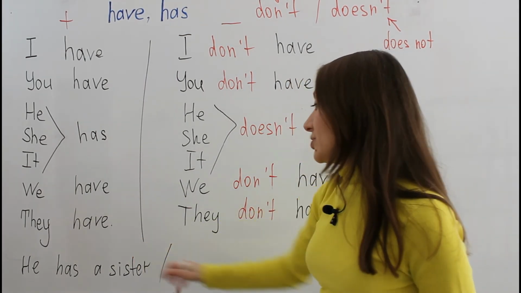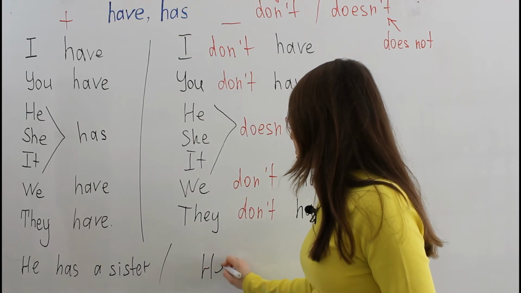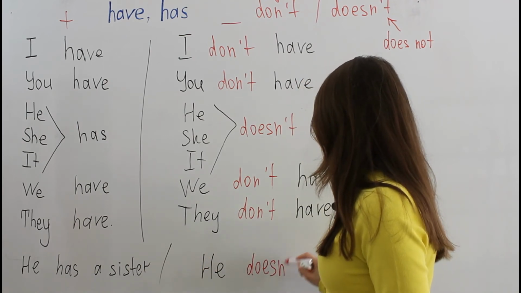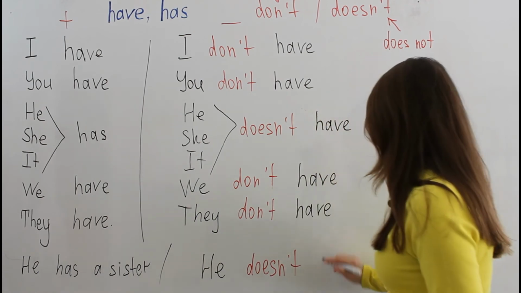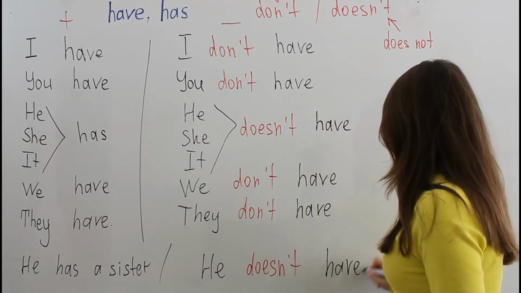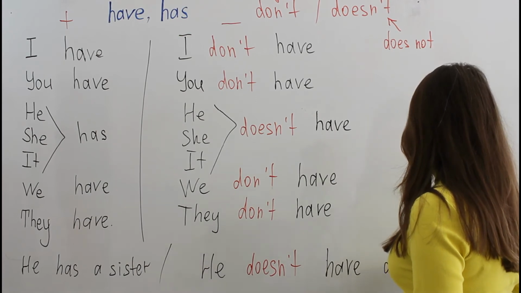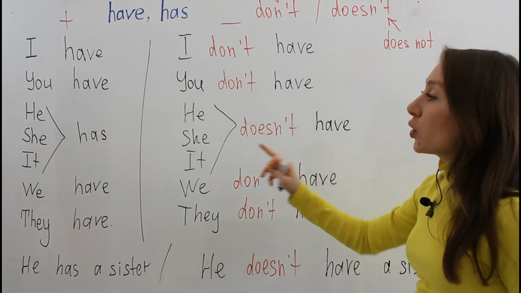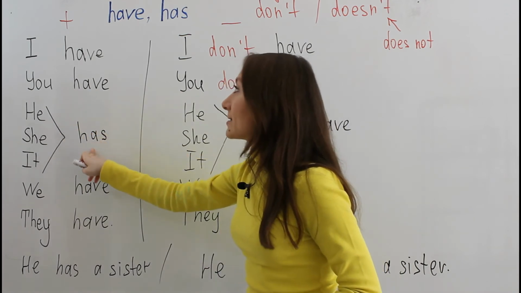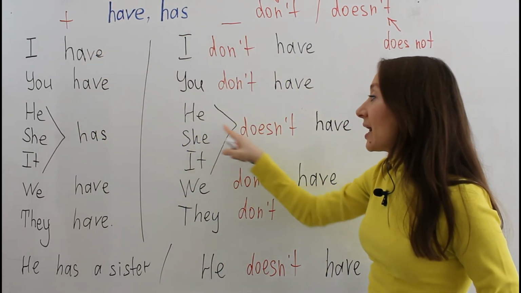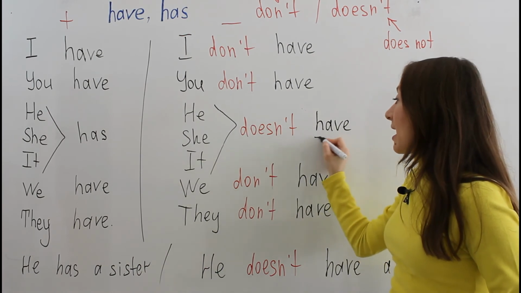Plus, let's make the example. So he has a sister. He doesn't have a sister. Here I want to explain one thing. So when we say he has in the positive sentence, in negative sentence he doesn't have.